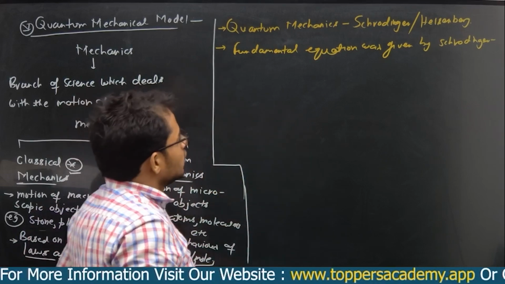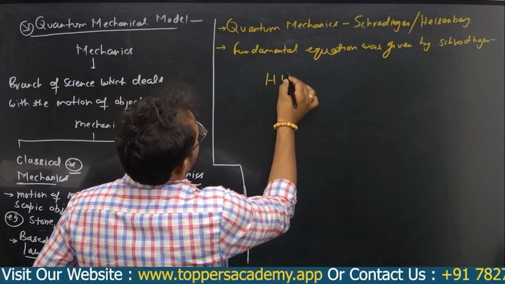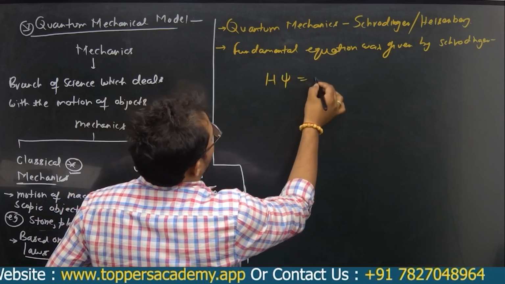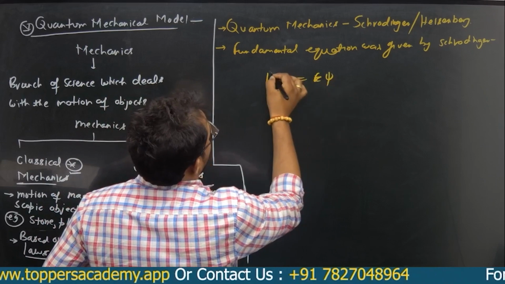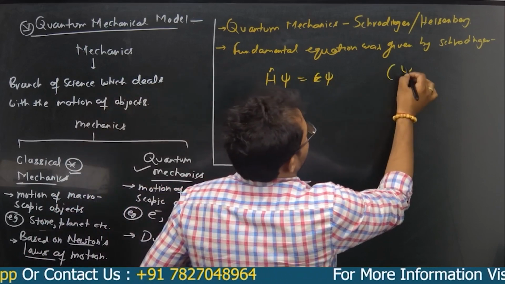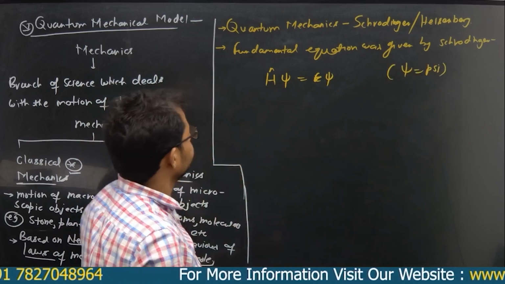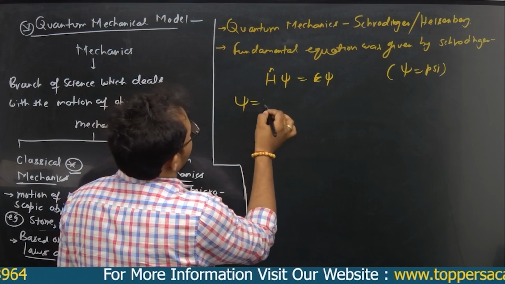So the Schrödinger equation is H psi equals E psi, Hψ = Eψ. What is psi? Psi is the wave function.